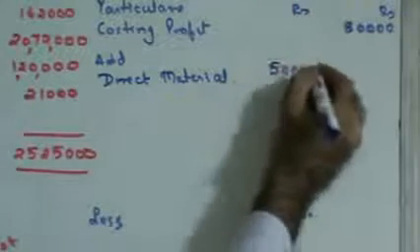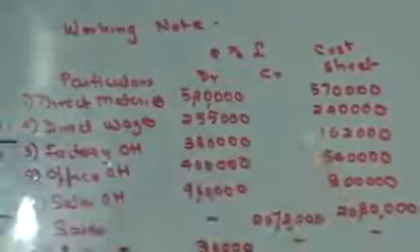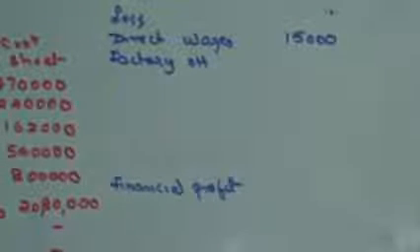It is more by 50,000. Next, direct wages. Direct wages is less in cost sheet. Less is less. So direct wages, it is less in cost sheet. So 15,000. Next, factory overheads is less in cost sheet. So factory overheads, 1,62,000 minus 3,60,000.